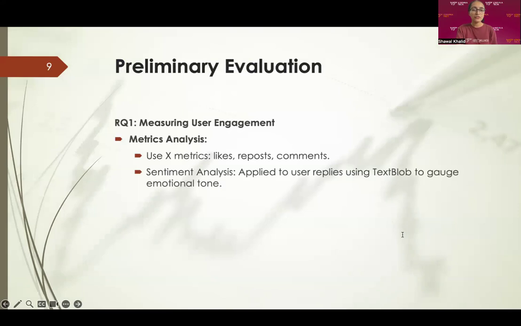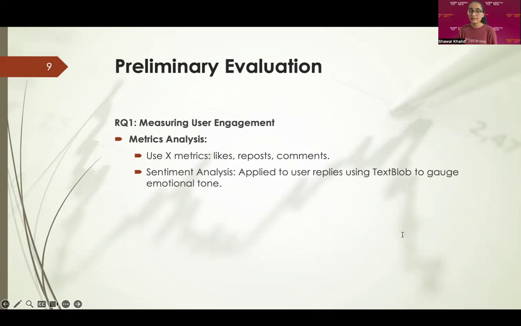All right, so for the first RQ1, we started by analyzing X metrics like comments, posts, and reposts. These are the primary ways users interact with posts and show how much attention a signal is getting. To understand how users feel about the signals, we also conducted a sentiment analysis on the replies.